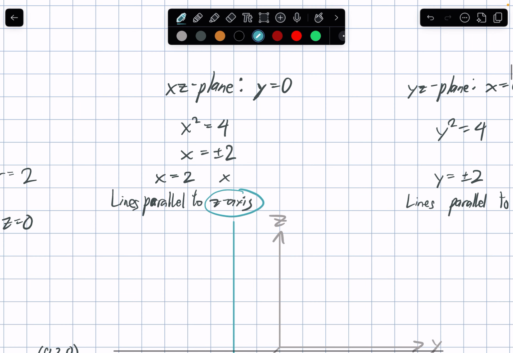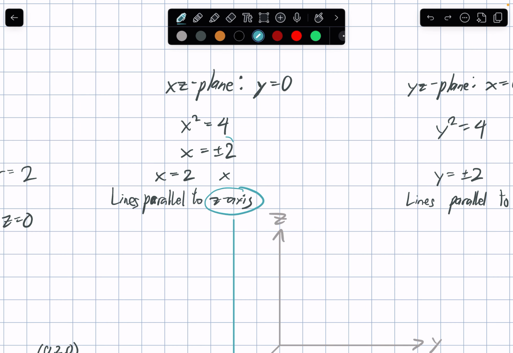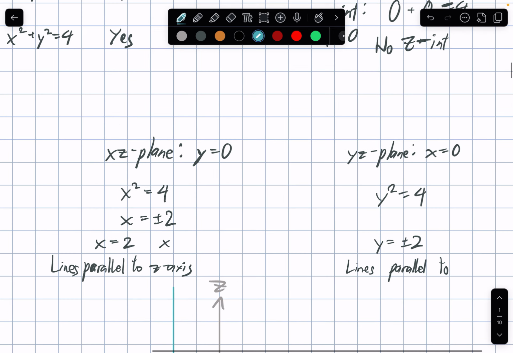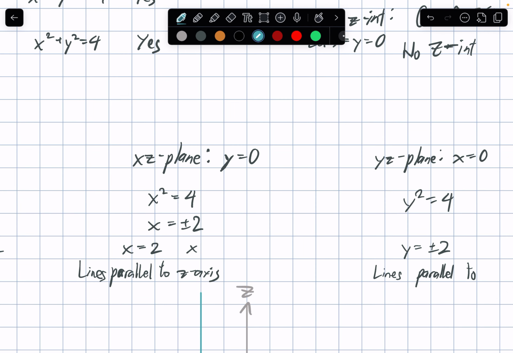So we know that in the xz plane, x equal to plus minus 2 in general is parallel to the z-axis, right? We showed it graphically. But even without a graph, you can know that it's parallel to the z-axis by looking at the variable that's not mentioned. What I mean by that is, we've been dealing with x, right? So the other variable is always going to be, basically you connect it with the word axis, and that's what it's parallel to.